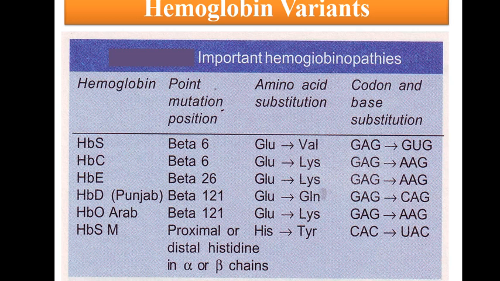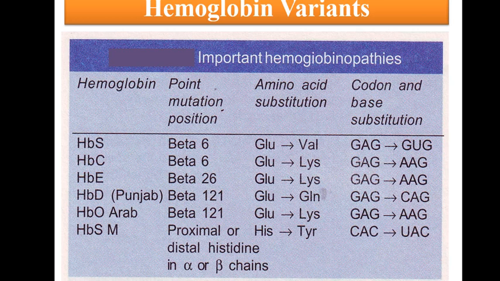The glutamate at the 6th position in the beta chain replaced by valine is called HbS. If glutamate at the 6th position is replaced by lysine, it results in HbC. If the glutamate at the 26th position in the beta chain is replaced by lysine, it is called the HbE variety of hemoglobin.